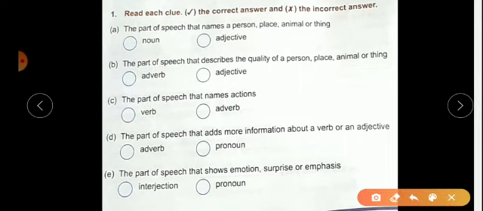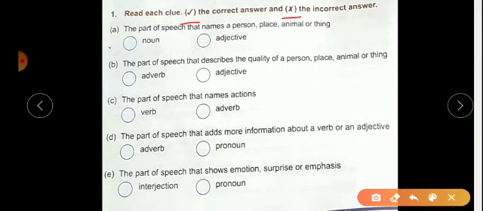Look at the question. Read each clue, write the correct answer and cross the incorrect answer. First one. The part of speech that names a person, place, animal or thing. Which definition is it? Noun or adjective?